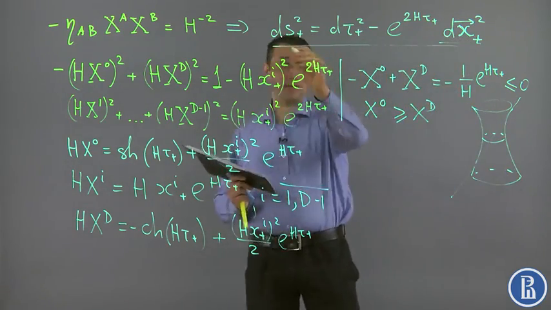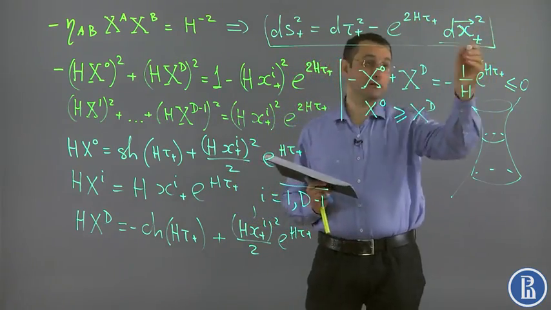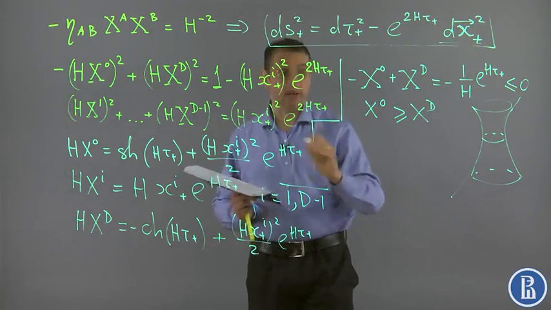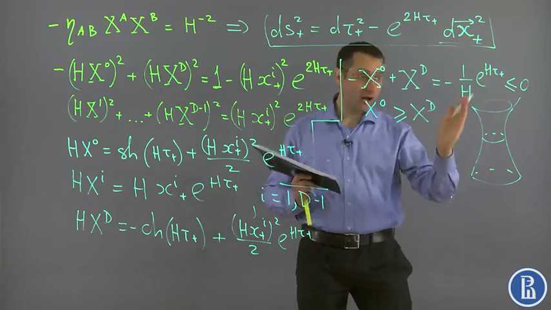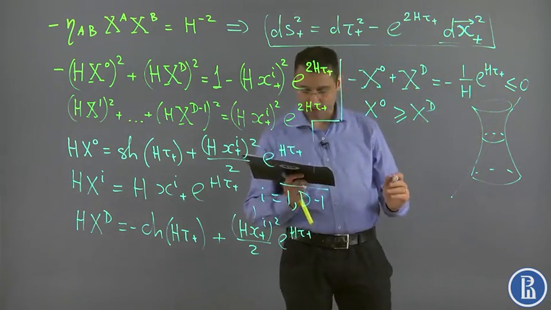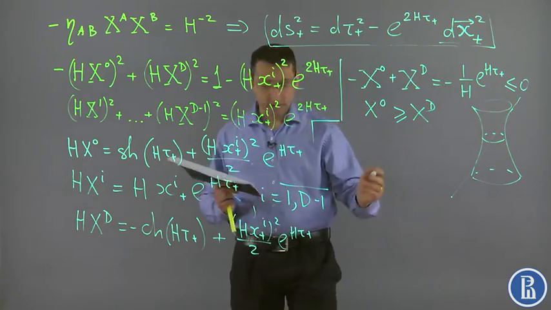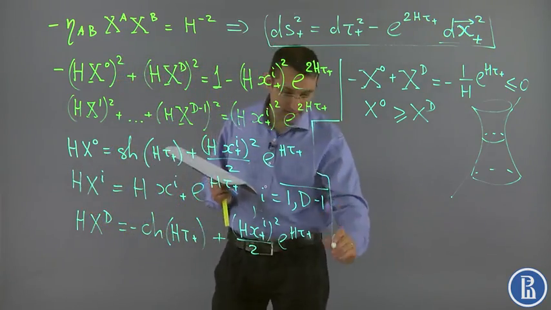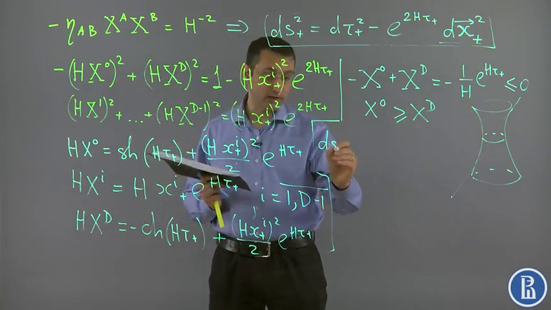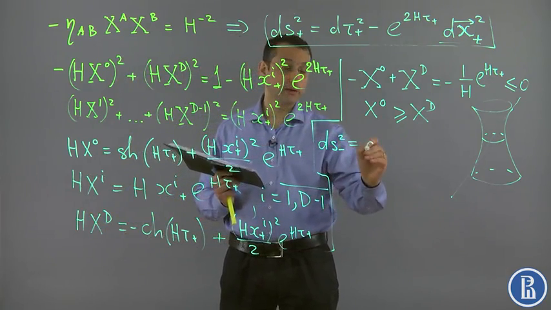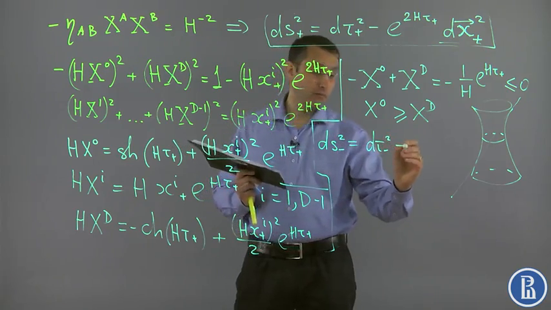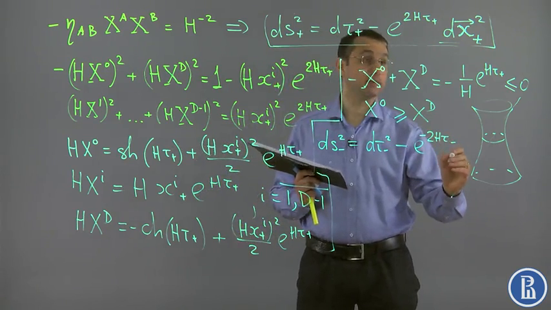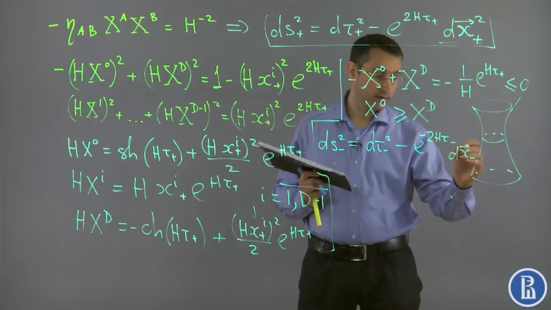And these coordinates are called Poincare coordinates. Well, Poincare coordinates we will define in a moment. This is already almost Poincare coordinates, but this half of de Sitter space is called Poincare patch. In fact, the other half can be covered by similar coordinates with a bit different coordinate change from this, and then there we have the metric like this, ds minus squared, d tau minus squared, minus exponent of 2h tau minus dx minus squared.